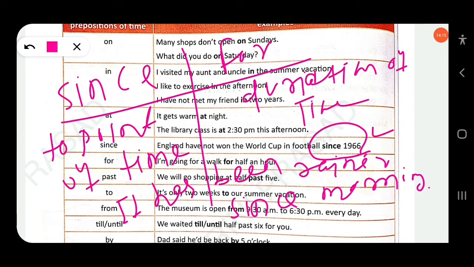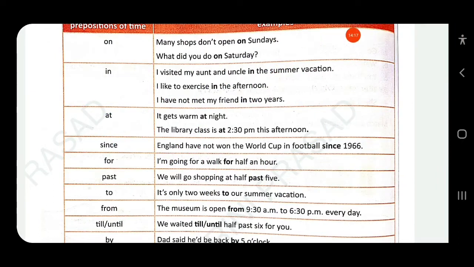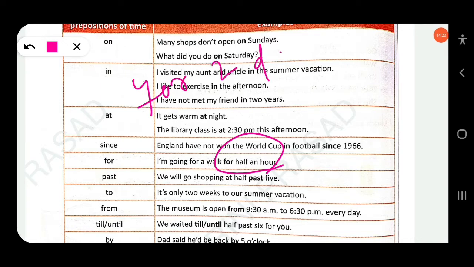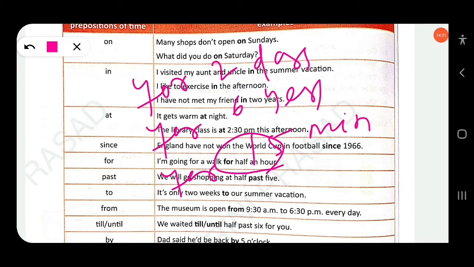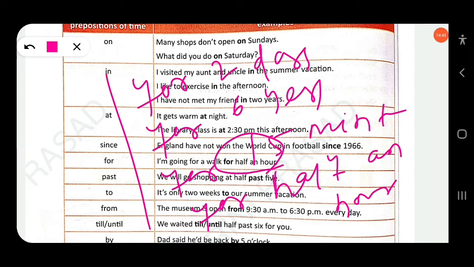So here, for half an hour. Similarly, you can also write for 2 days, for 6 years, for 15 minutes, for half an hour. These are known as duration.